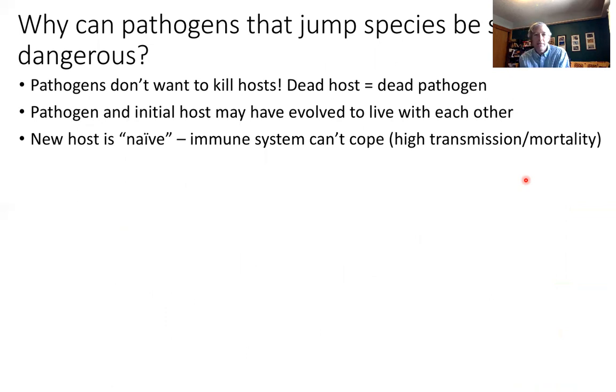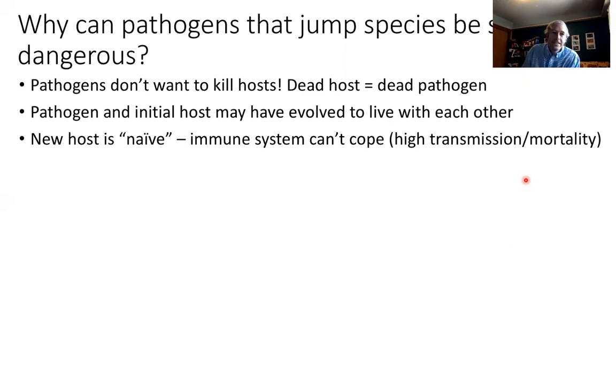A dead host is a dead pathogen. If you're a pathogen that needs to live in a living organism, and the things that you do to that organism end up causing its death, you die with it, and all your offspring that are present in that host. So the pathogen does not want to kill its host, and it certainly doesn't want to kill it quickly. It wants to keep the host alive long enough to infect other people.